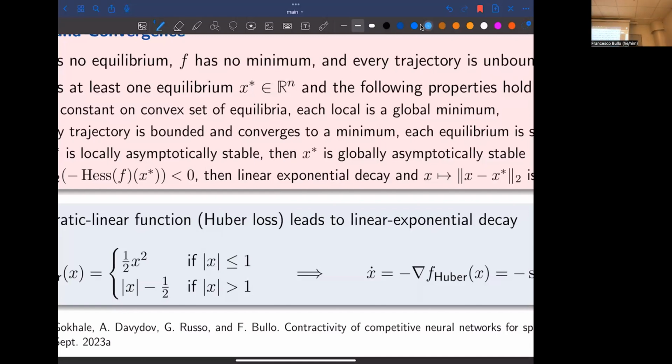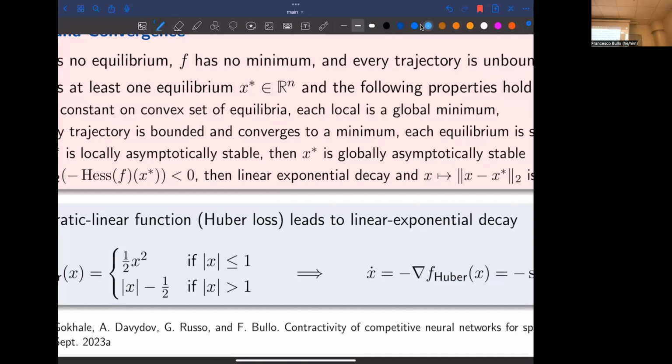So when I write the one-sided Lipschitz constant of the Huber function, I need to take the derivative, and so that's going to be plus 1 for x between minus 1 and 1, and then 0 otherwise. So that's the one-sided Lipschitz constant.